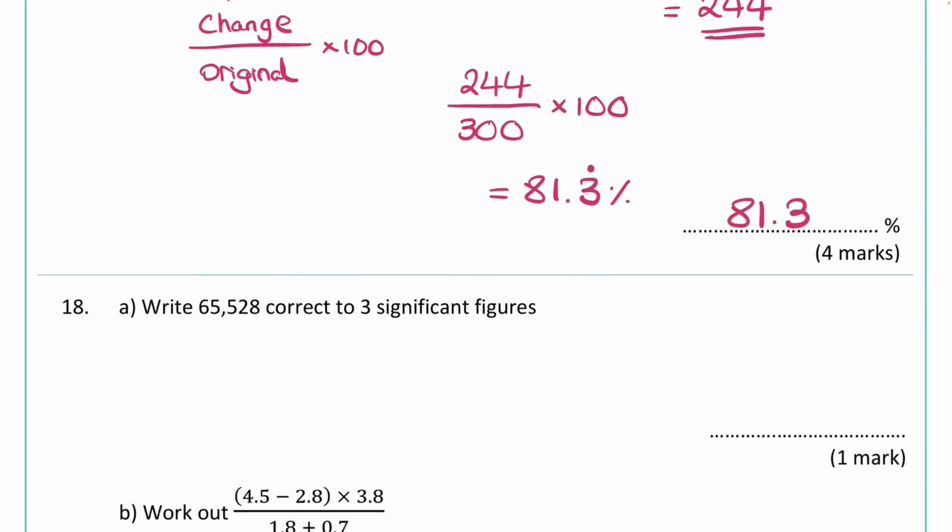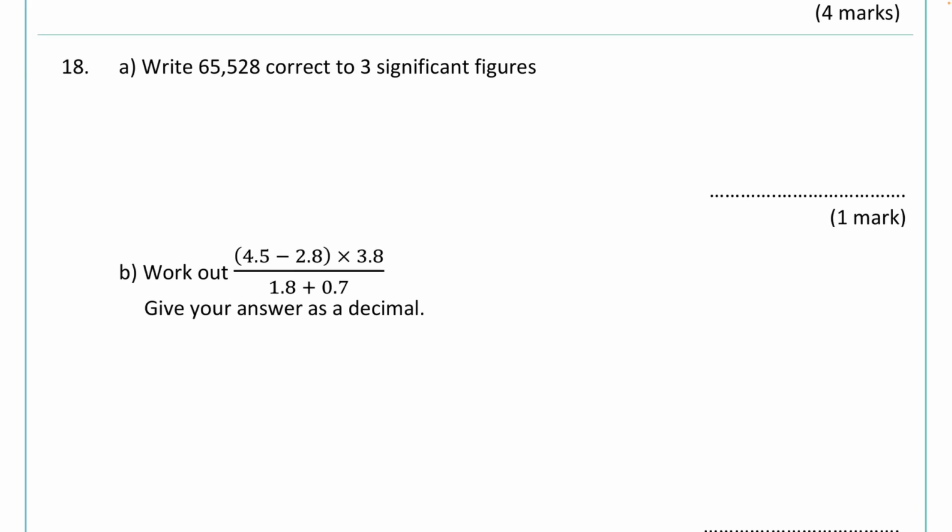Okay, so on to the next one. We have here writing 65,528 correct to 3 significant figures. So significant figures, the place value of that will change depending on the number. Here, if we go 1, 2, 3, that third significant figure is in the hundreds column, which means this is going to be rounded to the nearest 100.